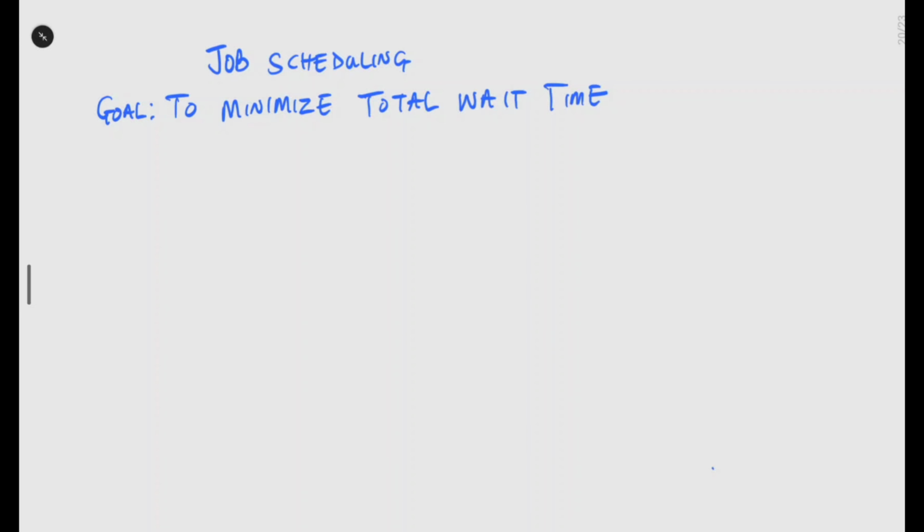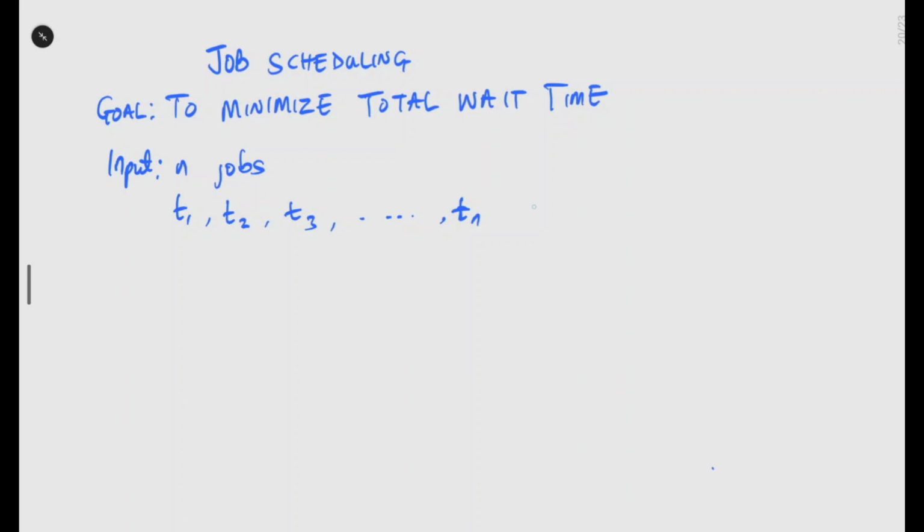We are going to take our inputs to be n jobs, and each of those n jobs would be executed in times T1 for job 1, T2 for job 2, T3 for job 3, all the way to Tn for job n.